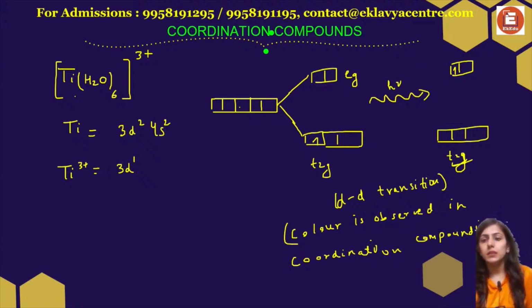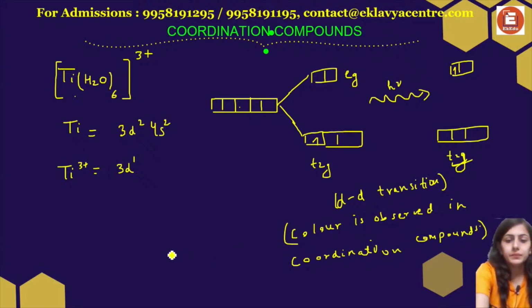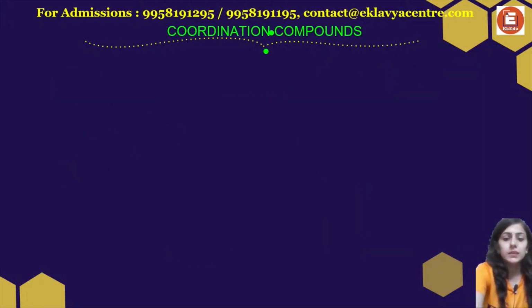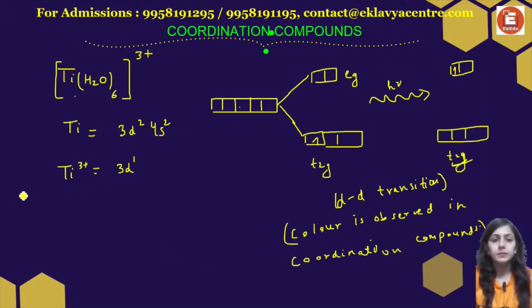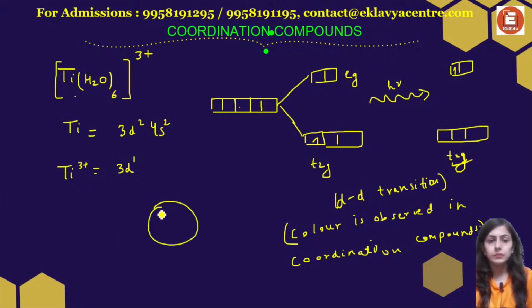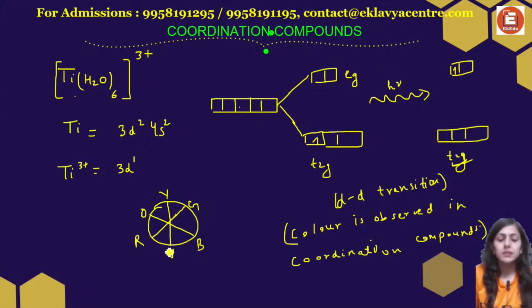Suppose how to learn it. Remember VIBGYOR, the colors of the rainbow. Now what happens in case of titanium H2O whole 6?